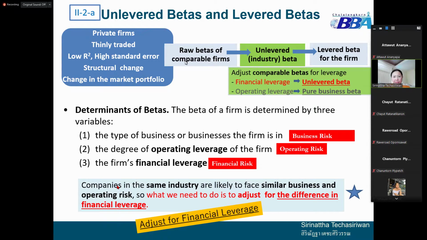From the levered beta of the comparable firm, we take out the difference in financial risk, and then we have an unlevered beta, and then we re-lever it back to the target financial structure of the company that we analyze. So that's the step. To give you more understanding, I will go to the next slide.